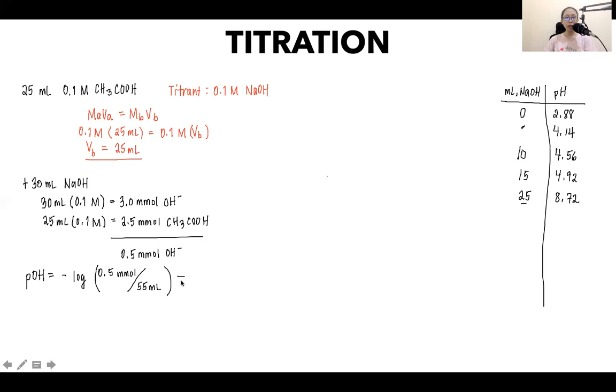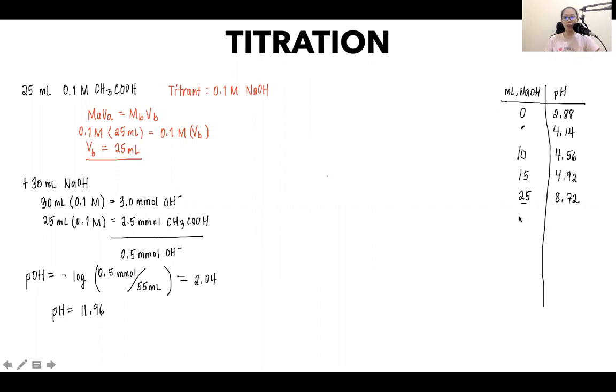So pOH is 2.04. That's the pOH, which means the pH is 11.96.